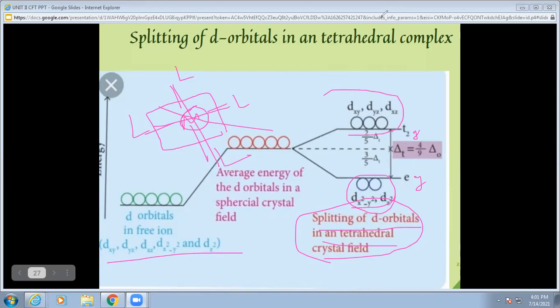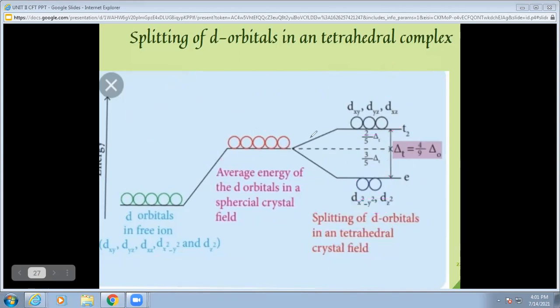This is important. Two structures are very important in crystal field theory: higher energy, lower energy, higher energy.